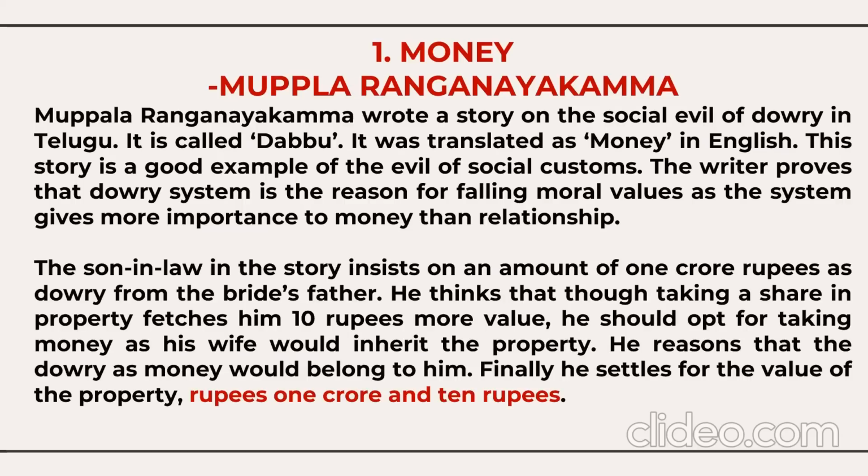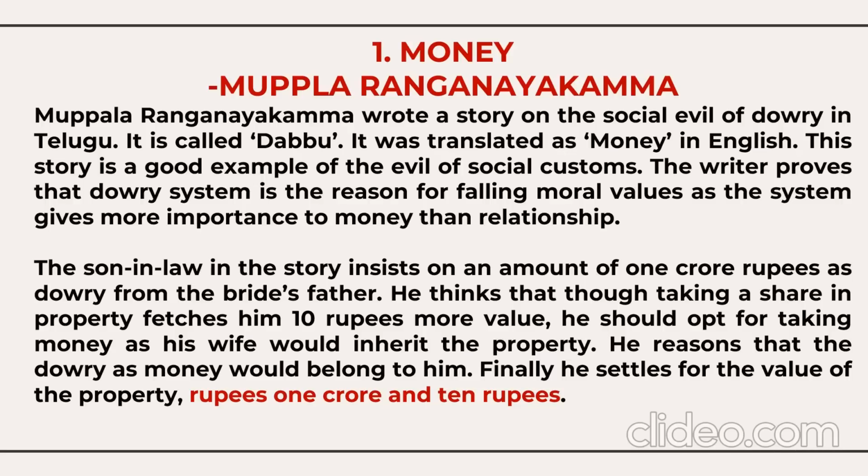The son-in-law in the story insists on an amount of 1 crore rupees as dowry from the bride's father. He thinks that though taking a share in the property fetches him 10 rupees more value, he should opt for taking money because his wife cannot take a share from this property. He reasons that the dowry as money would belong to him, not to his wife.